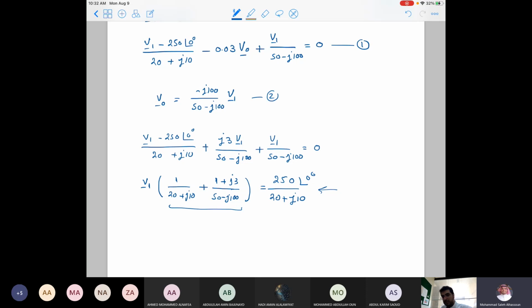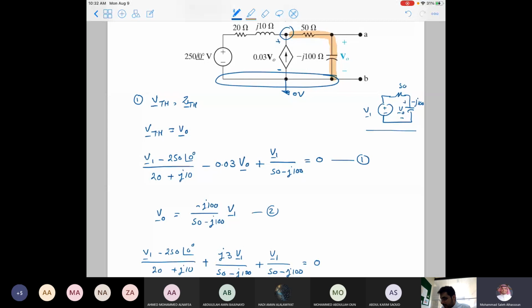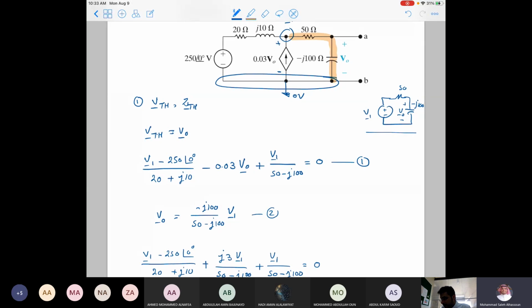So what I suggest to all of you is you try to be as fast with complex numbers as possible. So try different methods. Try which method is going to give you the fastest way of solving problems with complex numbers. Because clearly the difficulty here does not lie in the problem itself.